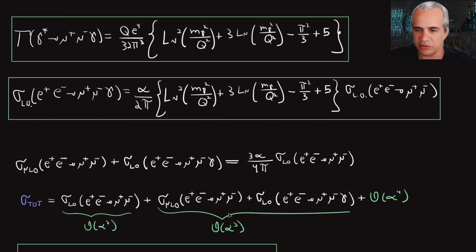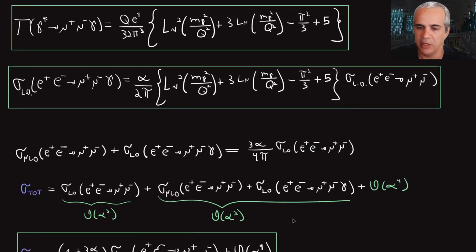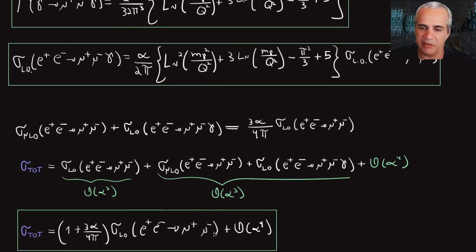That total cross-section, which is the sum of the leading order one, order alpha squared, with the next to leading order one, which is order alpha cubed, with the extra photon, which is also order alpha cubed, will be finite and will be given by this. This one is just what we had at tree level without any infrared complications, plus the part with the infrared complications, which is now finite.